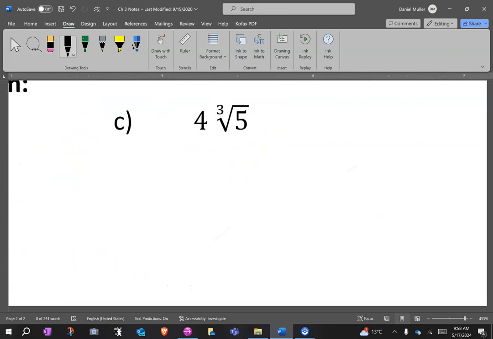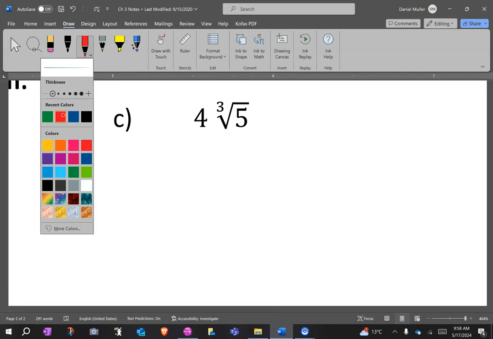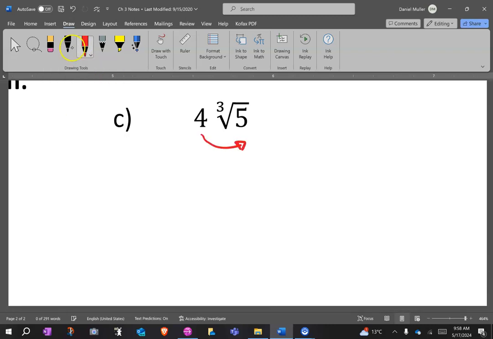Let's see what the last one is. The last one is a 4. So the same thing applies. When I bring this in, I'm going to bring this in as a triple group of 4s. And a 5.